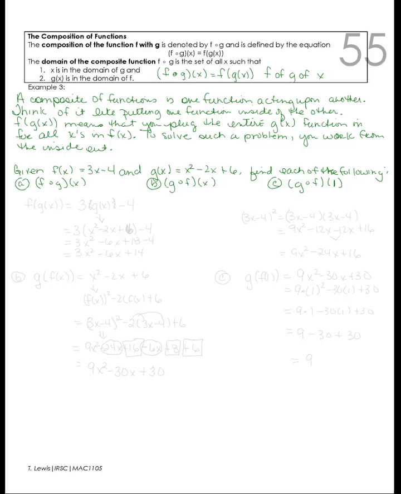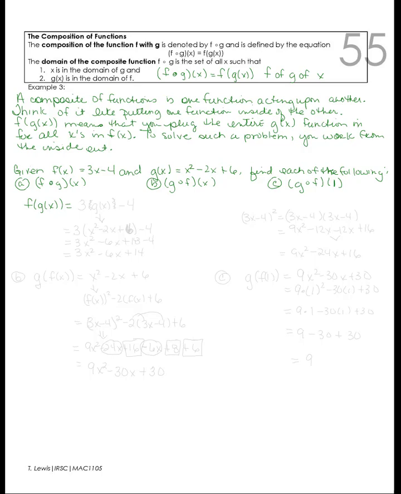So, f of g of x is the same thing as saying, without the small circle, we can write it with the grouping symbols. You're working inside out. What we have inside the parentheses is g of x.